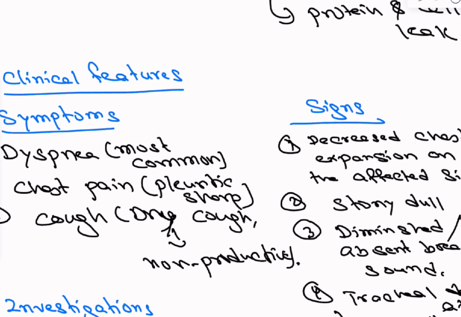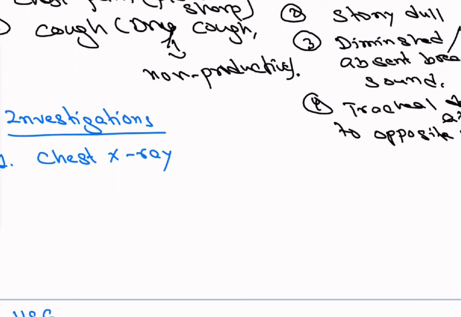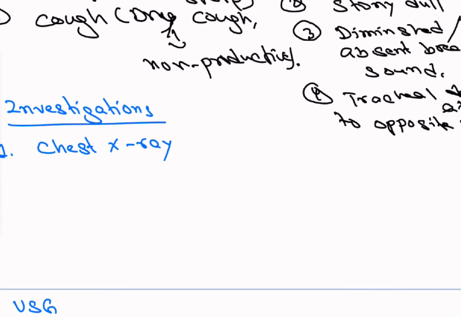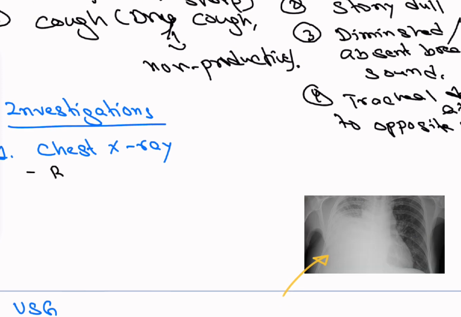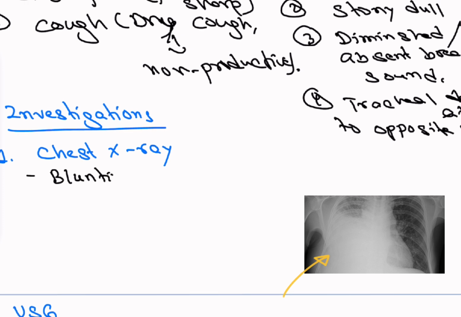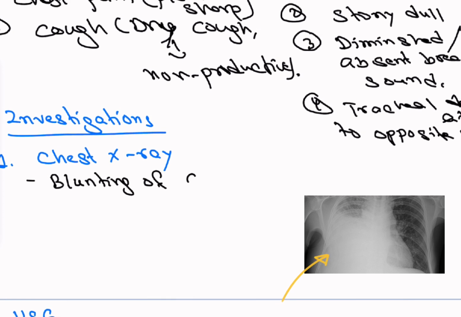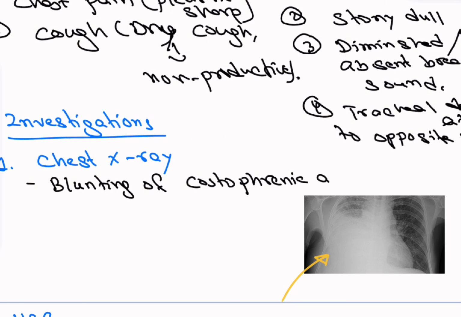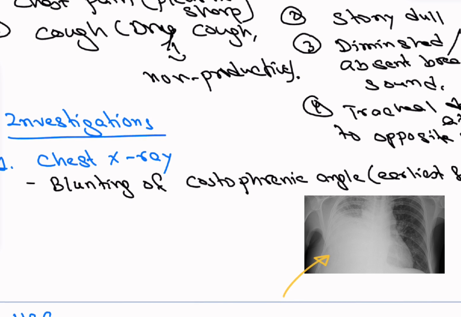So, what are the investigations of pleural effusion? First, we will go with the basic, that is chest X-ray. What will we find in the chest X-ray? There will be blunting of the costophrenic angle. It is the earliest sign.